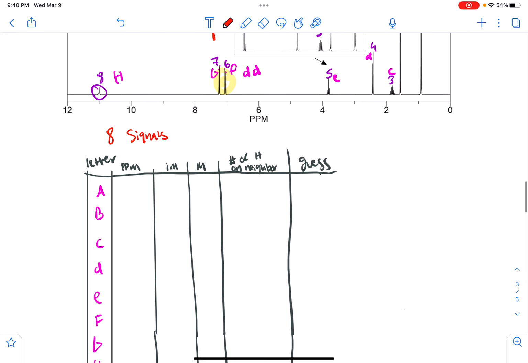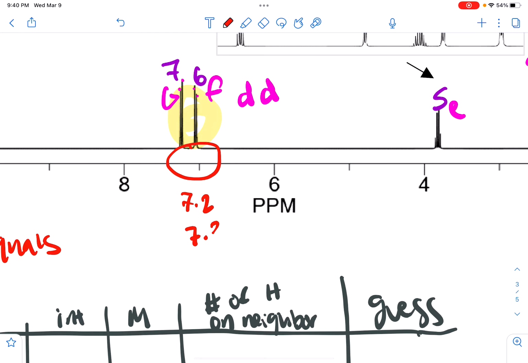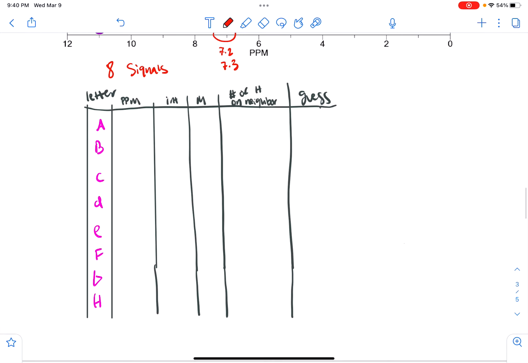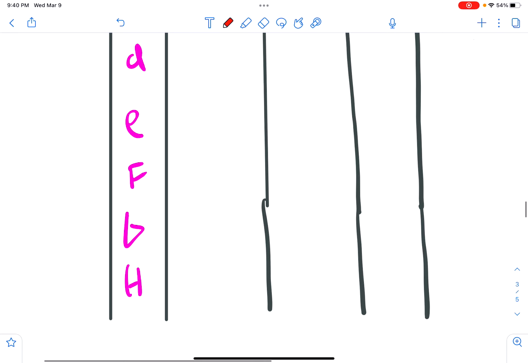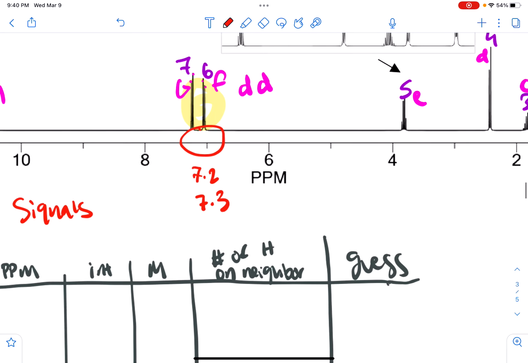So signals F and G, we can also confirm that's a benzene because of the location. It's at the 7.2 to 7.3 mark, and so we'll write those in right now, before we forget, at that F and G mark. So 7.2, 7.3. Integration is not given, however multiplicity is.